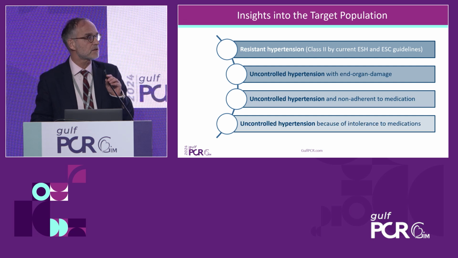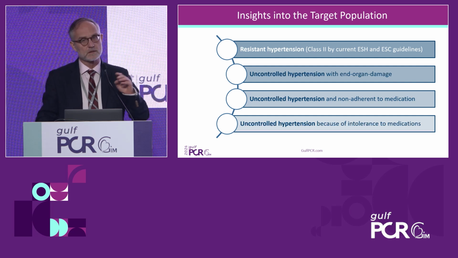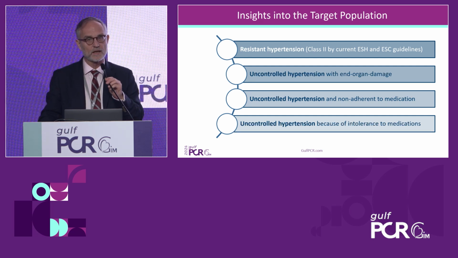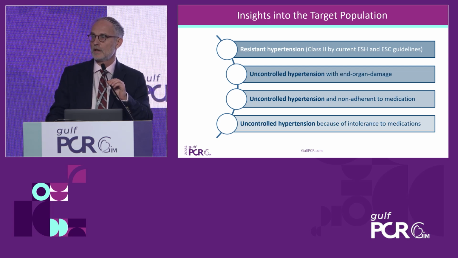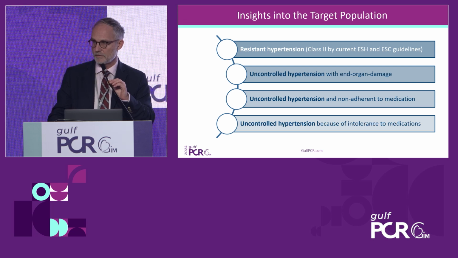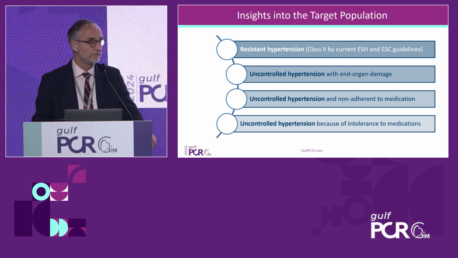Clearly, the resistant hypertension group is the one we should aim for, and it's in the current guidelines right now. It's a class 2 indication for the European Society of Hypertension, but also for the European Society of Cardiology.